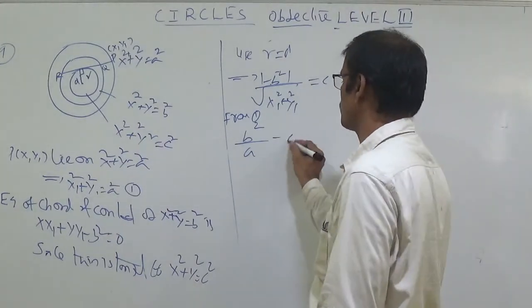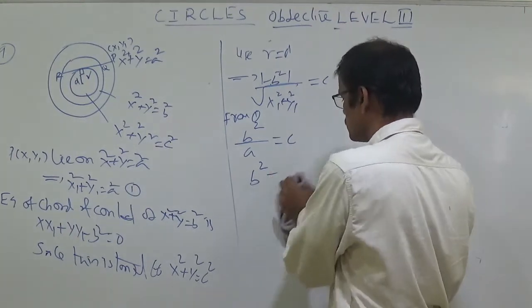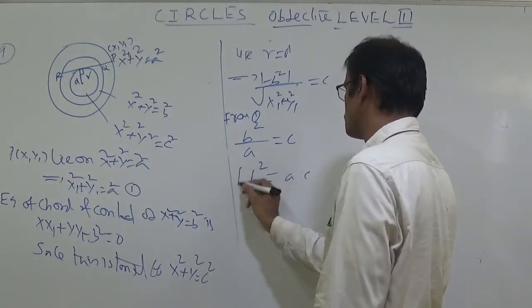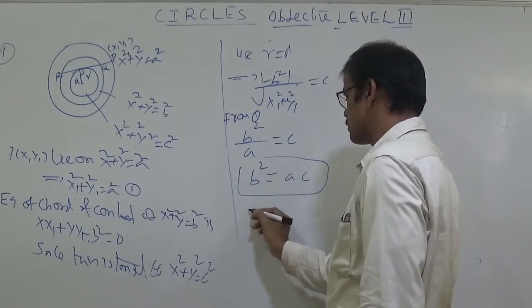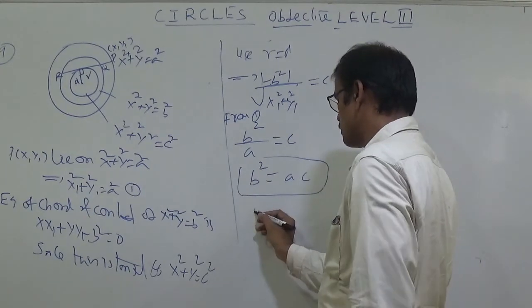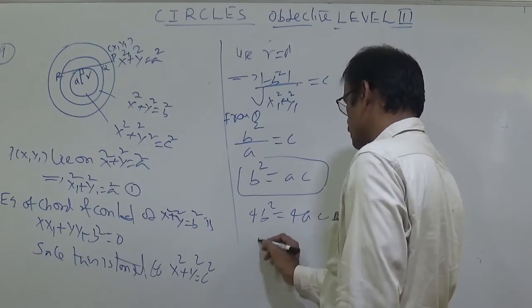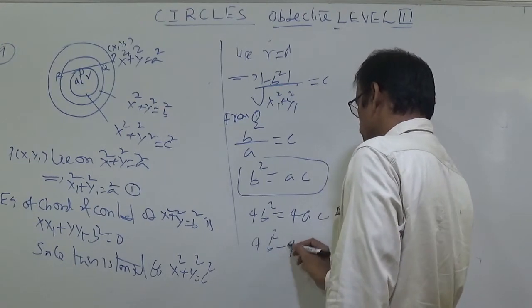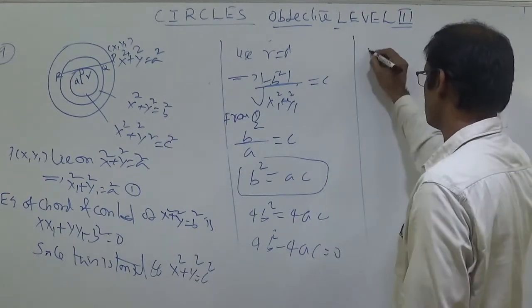So b square by a equal to c. You can write this as b square is equal to ac. This one I said in IP also, and we discussed in CUK also. Now multiply both sides by 4: 4b square equal to 4ac, and in the next step 4b square minus 4ac equal to 0.